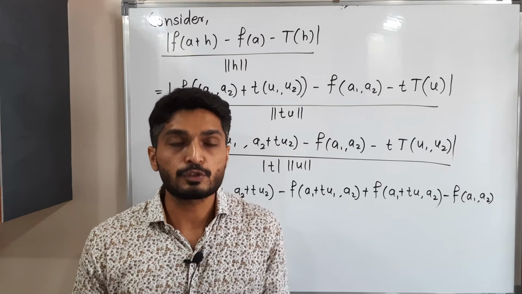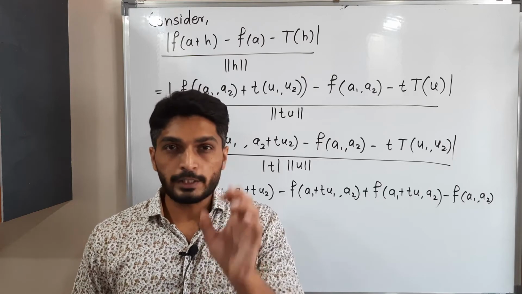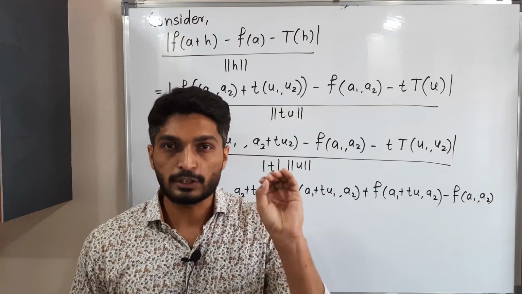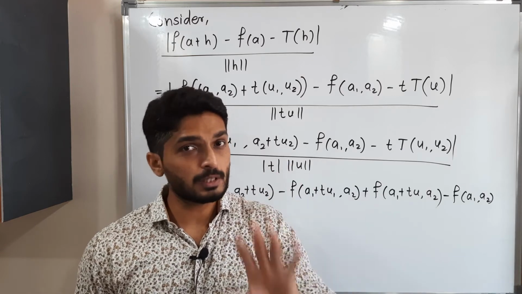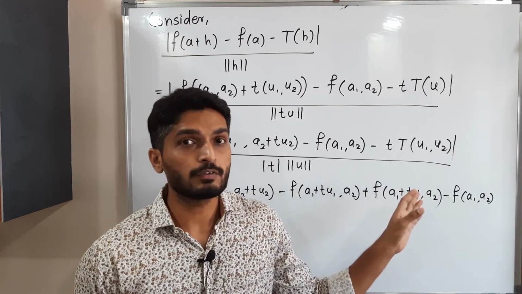You remember the definition of capital T: h1 times the partial derivative with respect to x plus h2 times the partial derivative with respect to y. The same definition I'm going to use for T of (u1, u2).